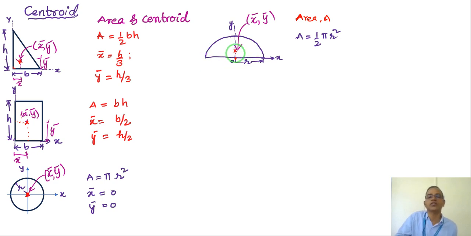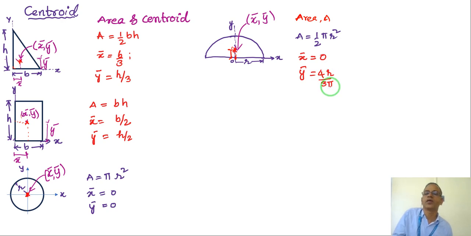So along the x axis the centroid remains at the same point. That is why x bar is 0. But along y, somewhere here. This distance on the y axis is called 4r by 3 pi. From the center, vertically 4r by 3 pi for the semicircle.